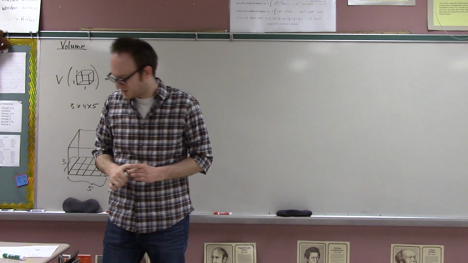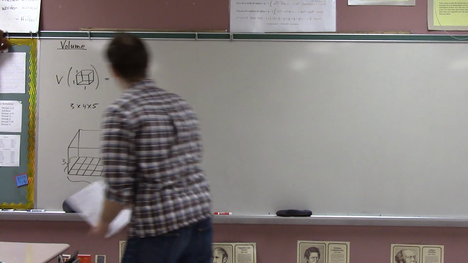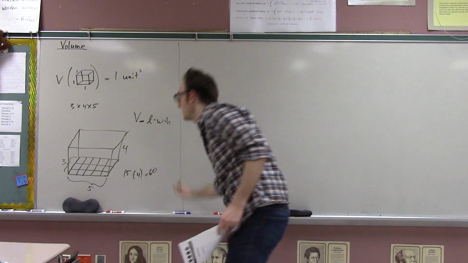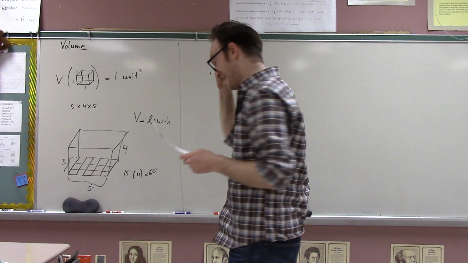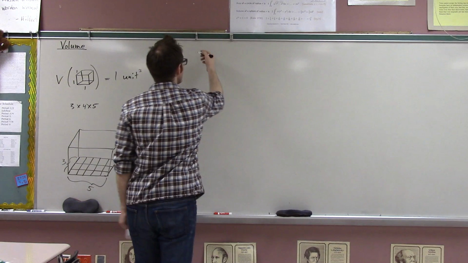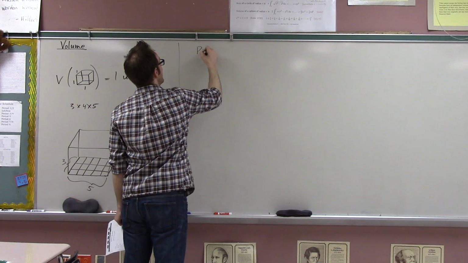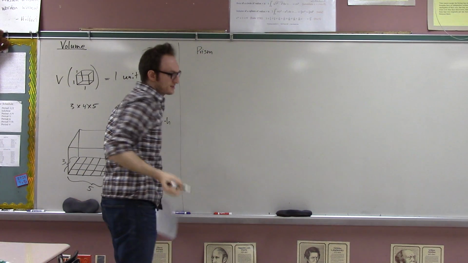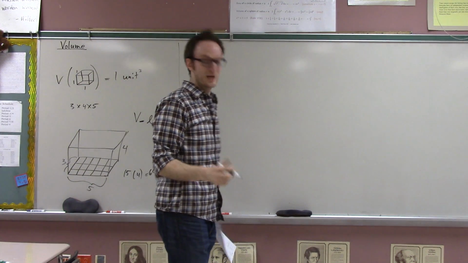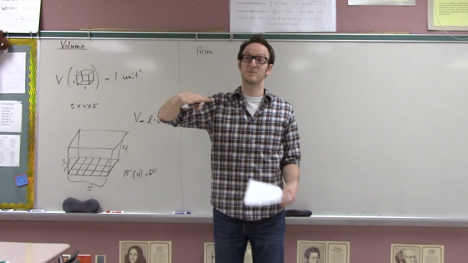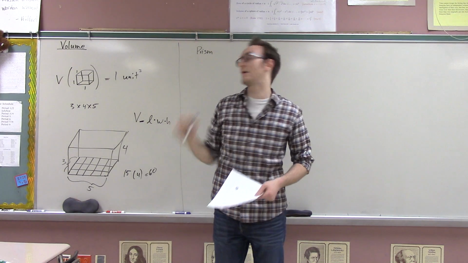All right, so just taking that as something that we understand, this idea of building a layer and then multiplying by the height, then we can find the volume of any prism. And a prism is just the shape that you get when you take a polygon and you translate that region to a parallel plane.